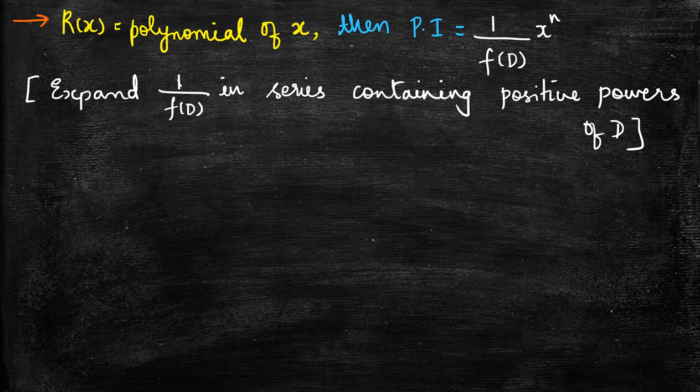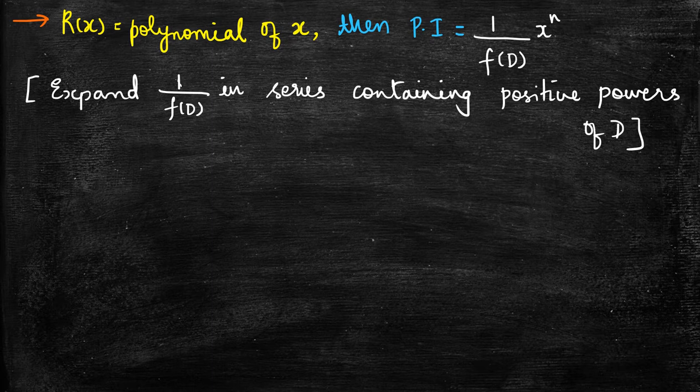Now if r of x is a polynomial of x, then PI is given similarly as 1 by f of d into x power n. Here we don't have to substitute this a and all. We are just directly going to expand f of d in series, like binomial expansion or anything which is possible with that particular term.